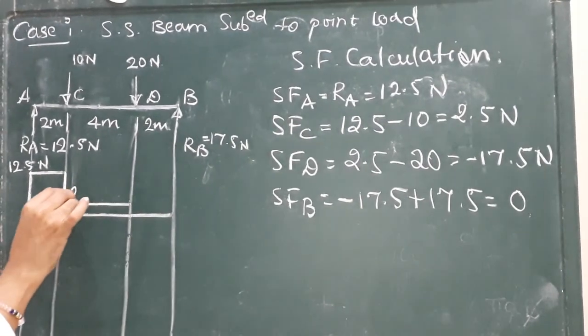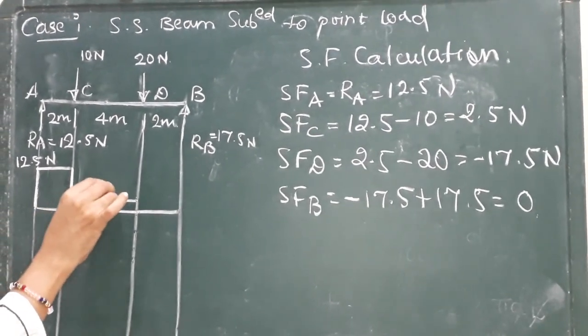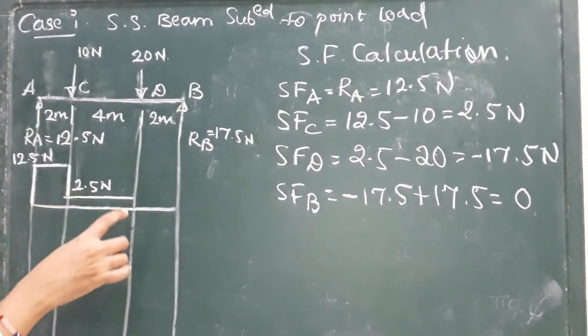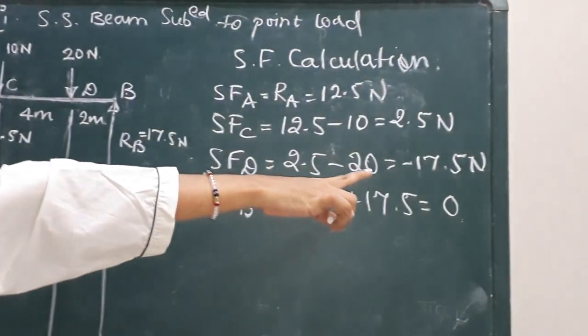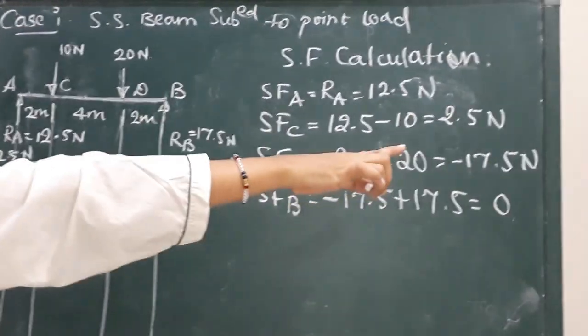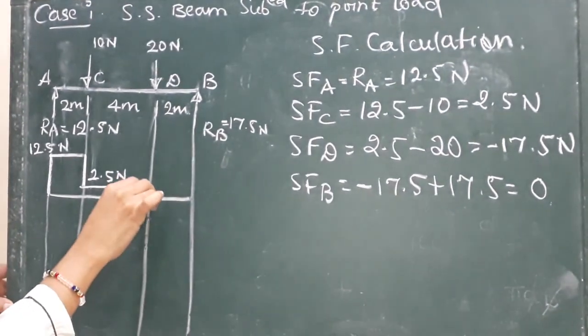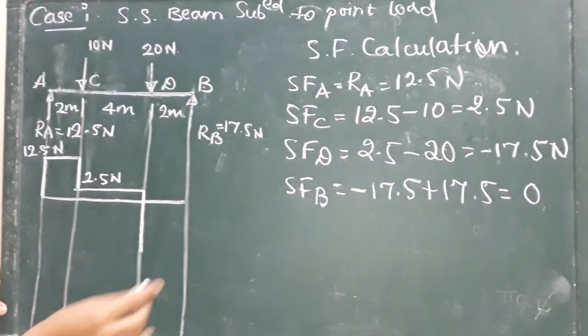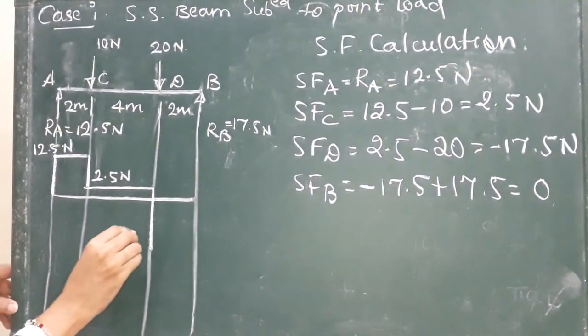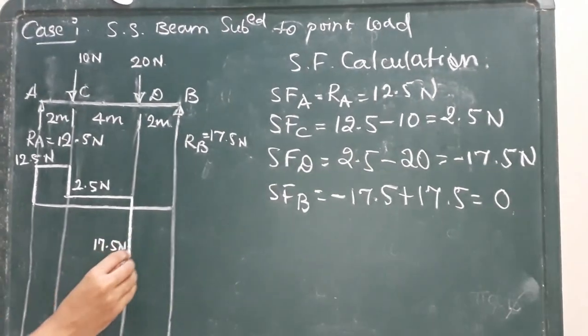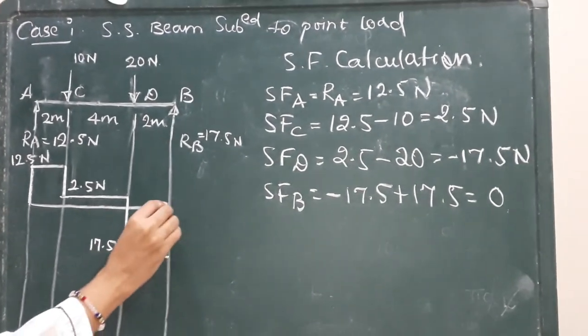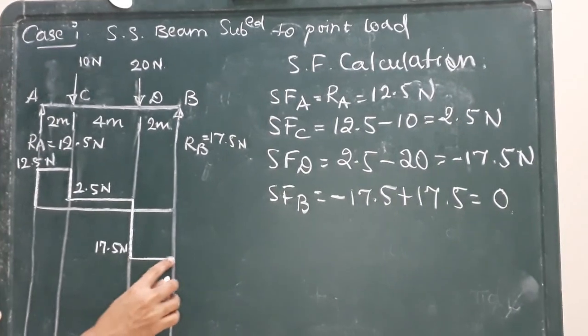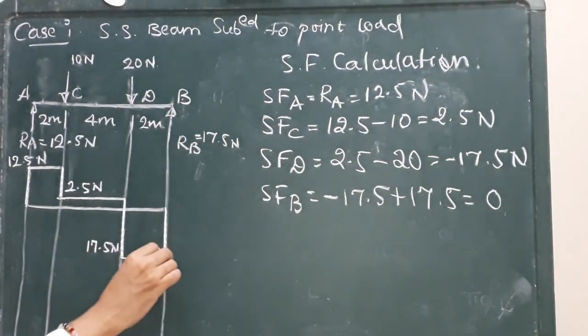I am indicating my magnitude here, 2.5 Newton, right? Then at point D you have a force of minus 17.5 that goes down, something like this. Say 17.5 Newton. Draw a straight line as there is no load intensity, and the last value is 0.